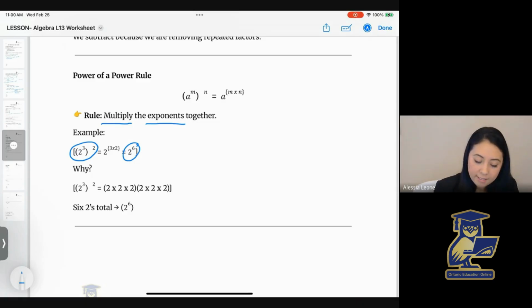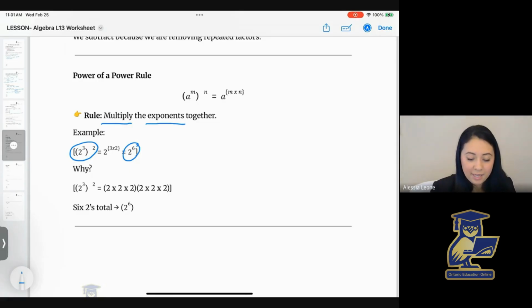Now, why does this work? If we write it out in repeated multiplication again, this is asking us to do 2 times 2 times 2, so 2 to the power of 3, 2 times. So it's asking us to do 2 times 2 times 2 in one bracket, and then it's asking us to double that.